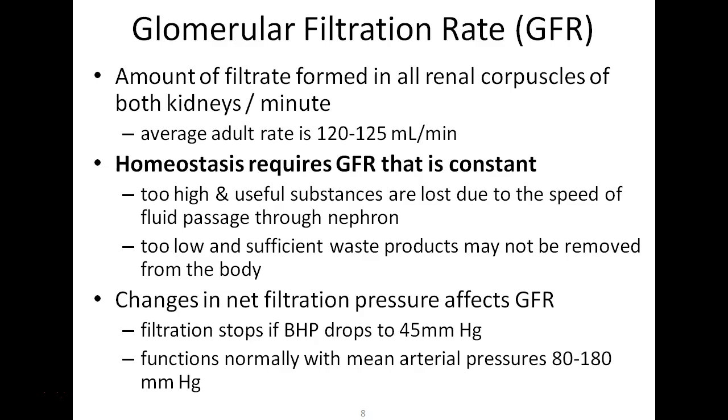So then that net filtration pressure we talked about before is going to have an influence on the glomerular filtration rate. That means that filtration is going to stop if the blood hydrostatic pressure drops to 45 units. And these kidneys function normally when the mean arterial pressure is somewhere between 80 to 180 units of pressure.